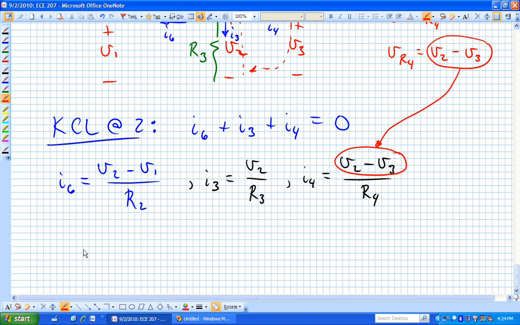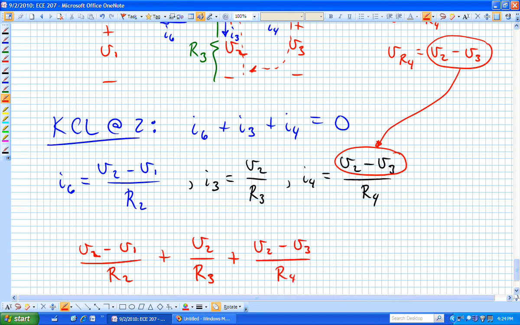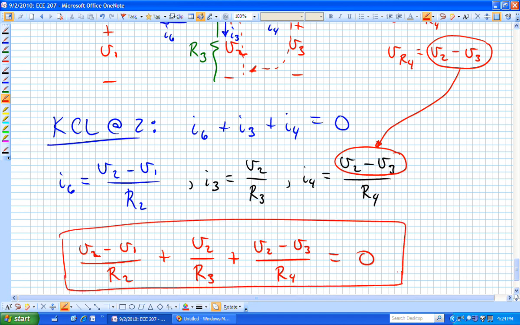I can say that I have V2 minus V1 over R2 plus V sub 2 over R sub 3 plus V sub 2 minus V sub 3 over R sub 4, all equal to 0. How many equations am I trying to find? How many have I found so far?